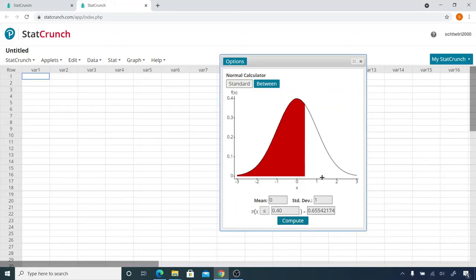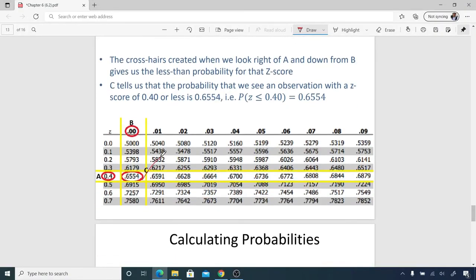By the way, just to let you know, if you want to find the area greater than this, you can subtract this from 1, or you can use this notation and compute. All right. And 0.6554 you can see here, right here.